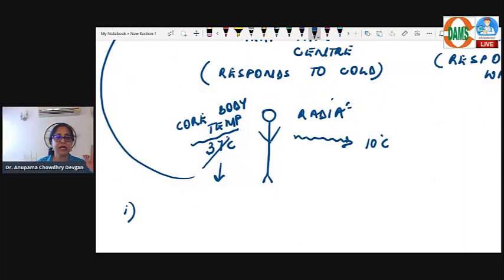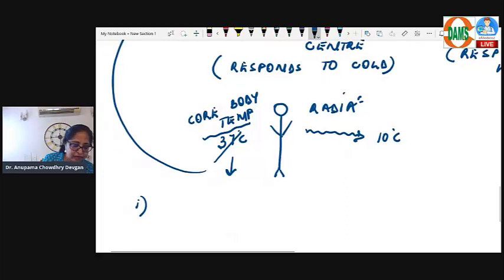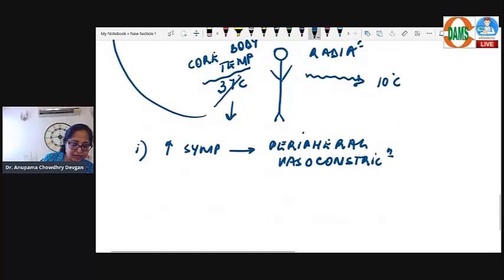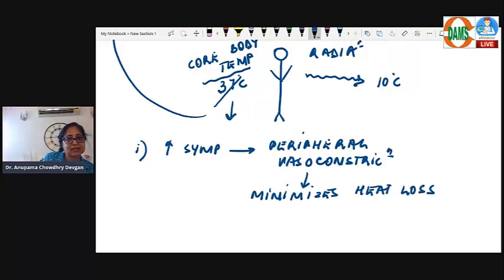Let's see the first response. First response is there is going to be an increase in the sympathetic discharge, which causes a peripheral vasoconstriction. And if there is a peripheral vasoconstriction, it minimizes heat loss, decreases the heat loss. Very common experience in winters, especially in the north, right?